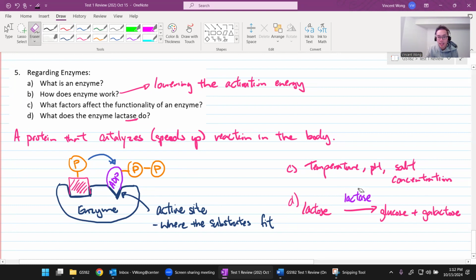So that's the enzyme. This is the substrate. Okay? These are the products. Substrates are the ingredient. We only call them substrate if we have an enzyme. Otherwise, they're just called reactants.